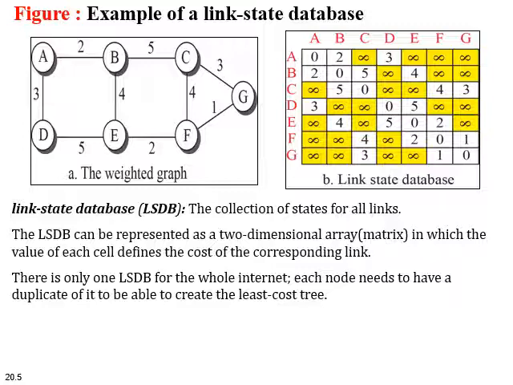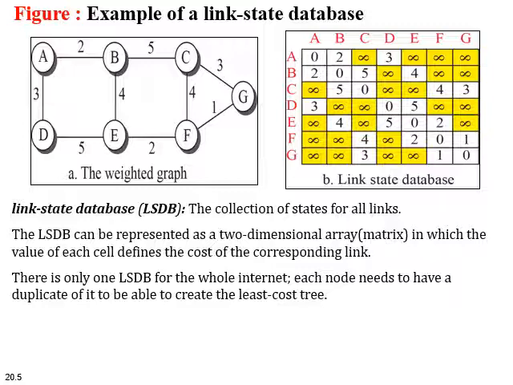Then A to D, D is also directly connected with A, so the cost of reaching D is 3. Next A to E, A is not connected with E directly, so the initial cost of reaching E will be infinite, and likewise for F and G.